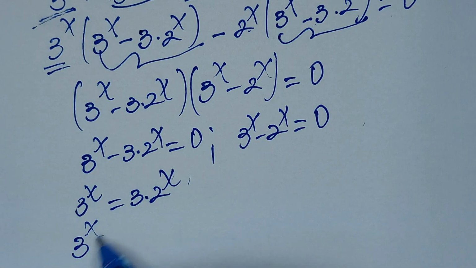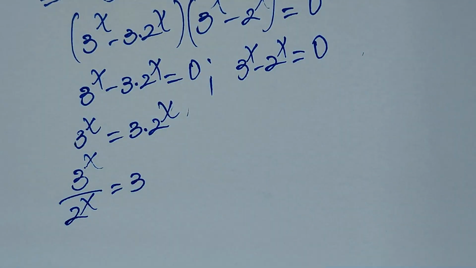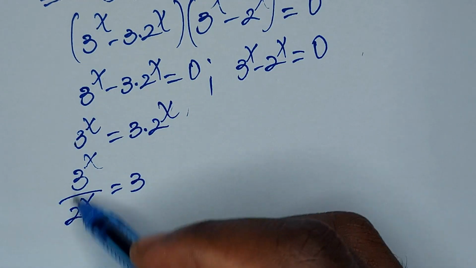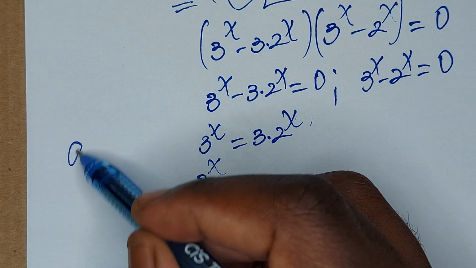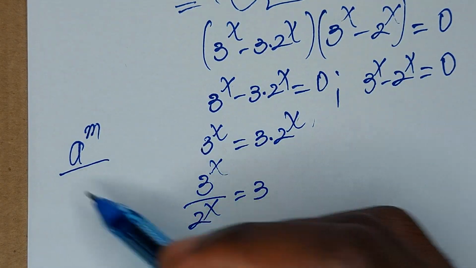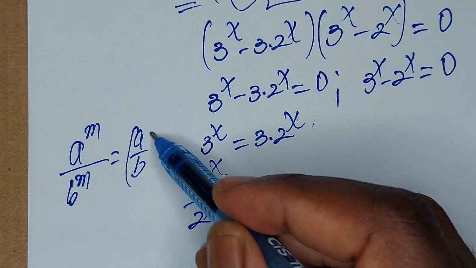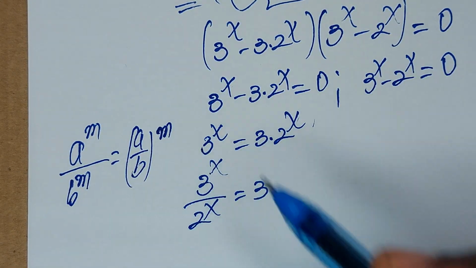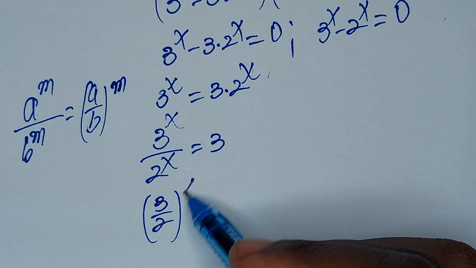I'm going to have 3 to the x divided by 2 to the x, and this is going to be 3. With different bases and the same power m, this is going to be a over b to the power of m. So now we have 3 over 2 to the power of x.